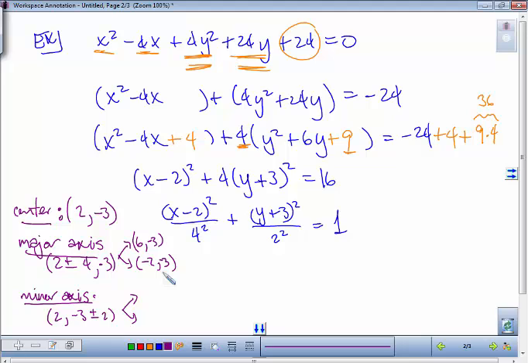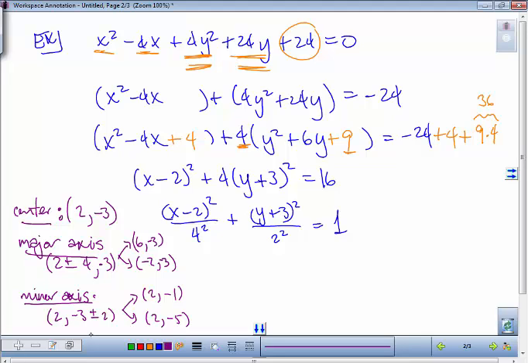So these form your, I guess they call it, major vertices and the minor vertices. So we have 2, comma -1, 2, comma -5. So this will help you actually draw the ellipse.